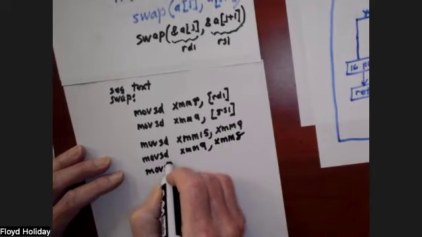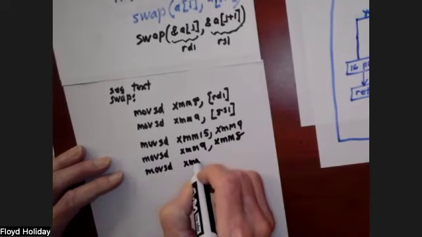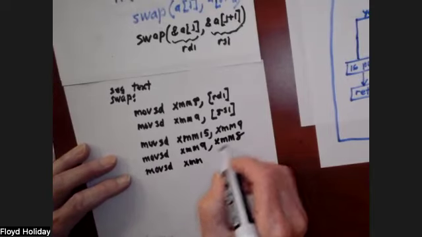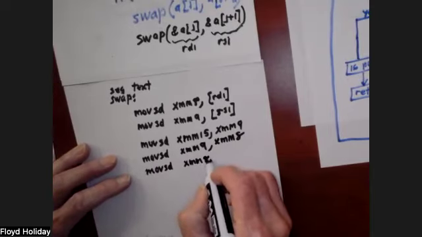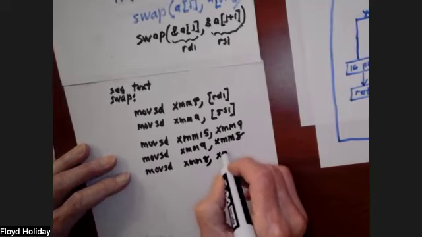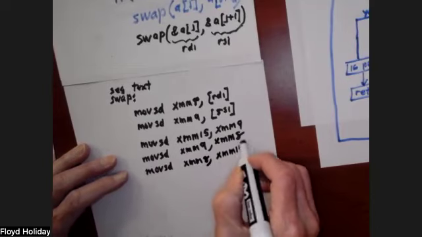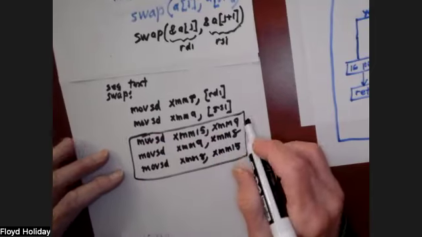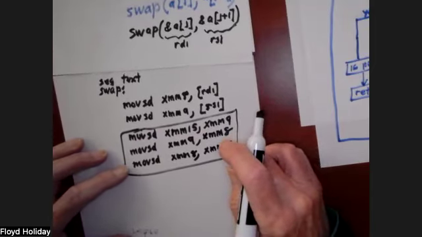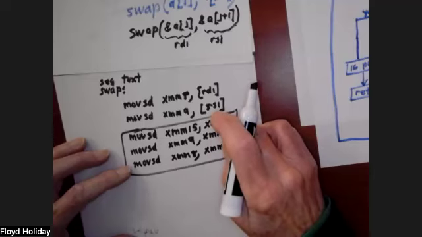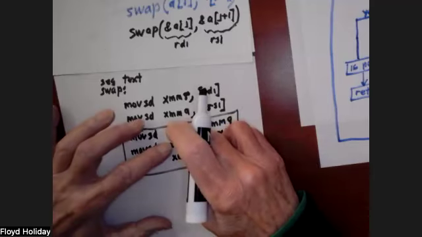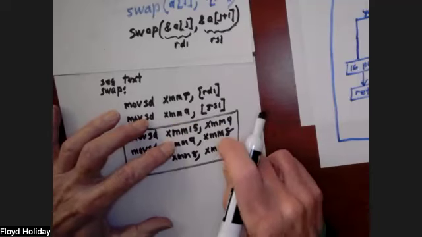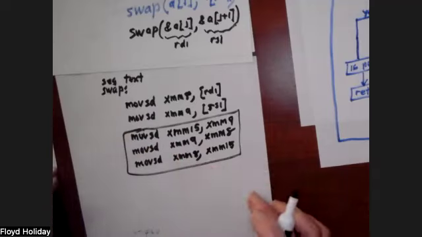Then MOVSD XMM8 gets XMM15. I think that's a traditional swap. A copy of 9 is placed in 15 for safekeeping. 8 overrides 9. Then the copy of 9 overrides 8.